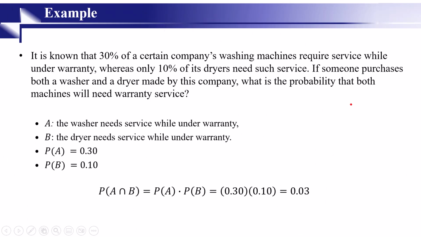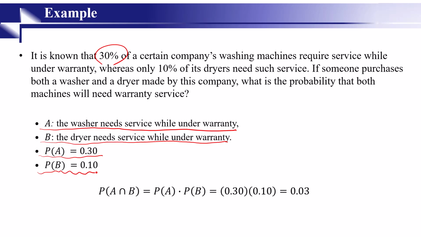Here is a real world case. A company's washing machines have a 30% chance of needing warranty service, and we call it event A: the washer needs service while under warranty. And their dryers have 10%, so probability of B, event B, the dryer needs service while under warranty. So the probability of event A is 30%, while the probability of event B is 10%.